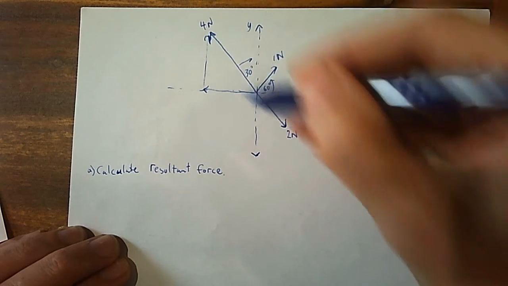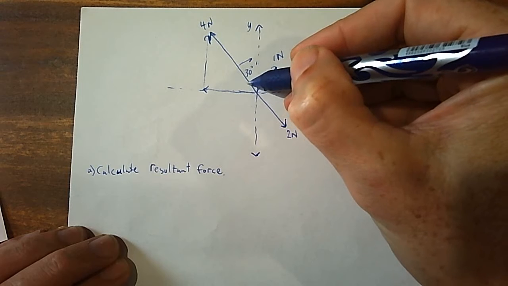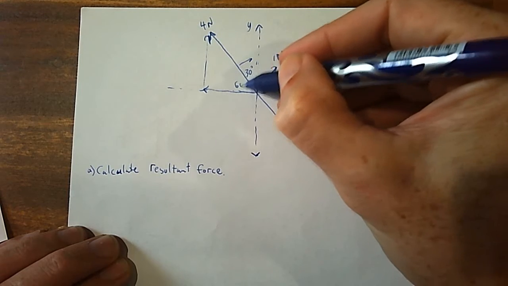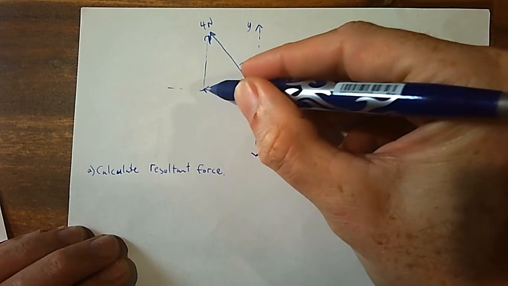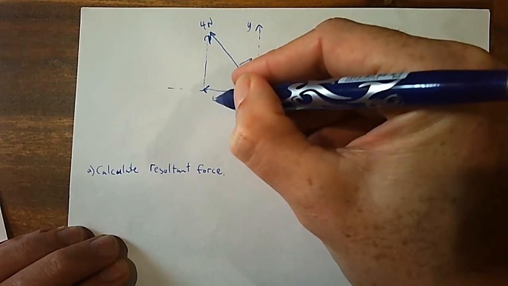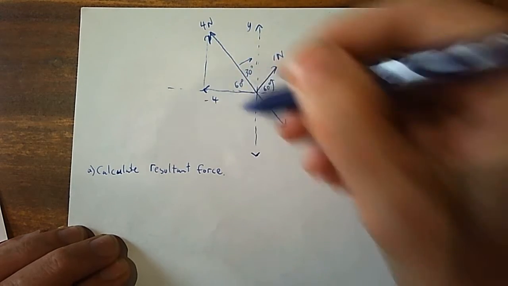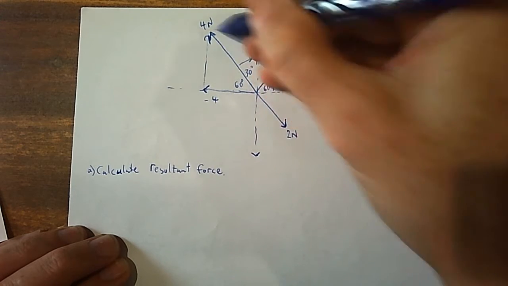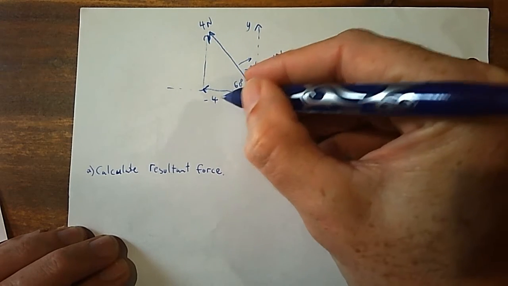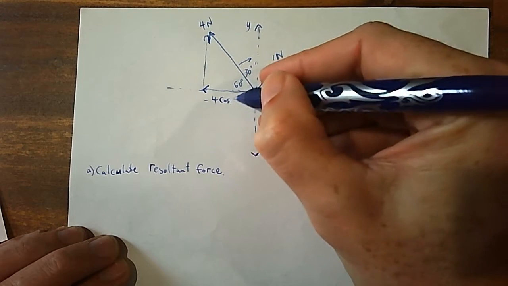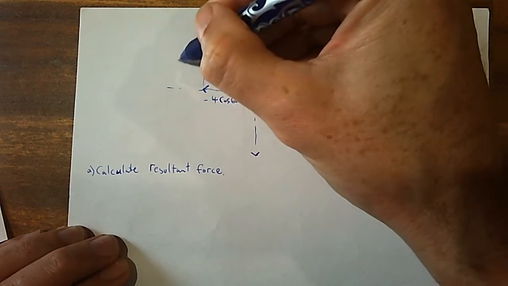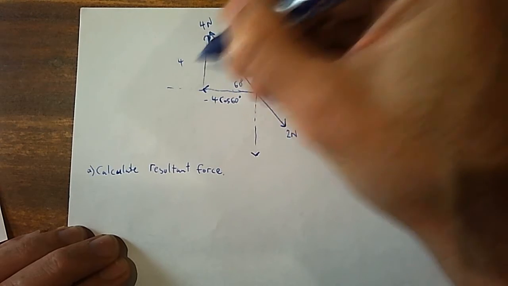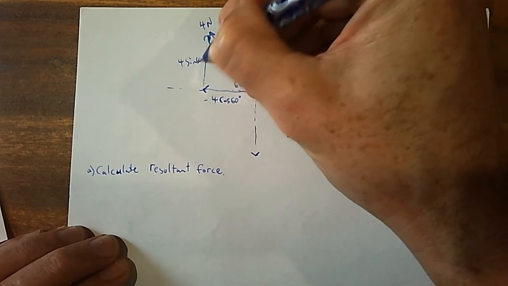Now to do that, I need to know the angle between the nearest x-axis and that 4 newtons, which is going to be 60 degrees because that is 90 degrees there. And therefore this force here is going to be equal to -4, because it's in the negative direction, -4, and that's 4 newtons for the hypotenuse, cos of 60. And up this way, I'll end up with +4, because we're moving in the positive direction, sine of 60.